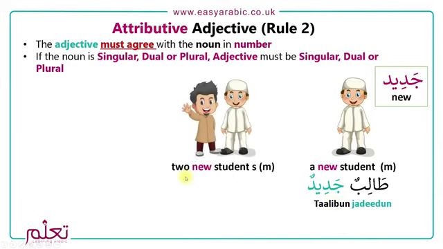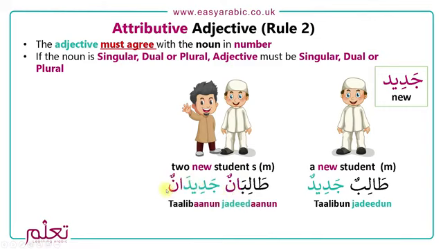When we say 2 new students, remember, when we covered the singular, dual, plural lesson, we said that the rule for 2 was that we add alif noon to the end of the noun. So when we convert this into 2, we'll say talibanun. You can see alif noon has been added. Because we've added this to the noun, we also need to add this to the adjective, so it'll become talibanun jadidanun.